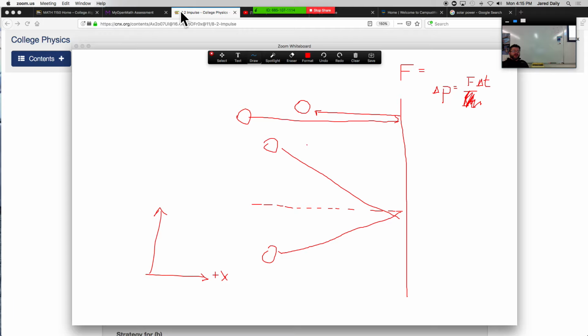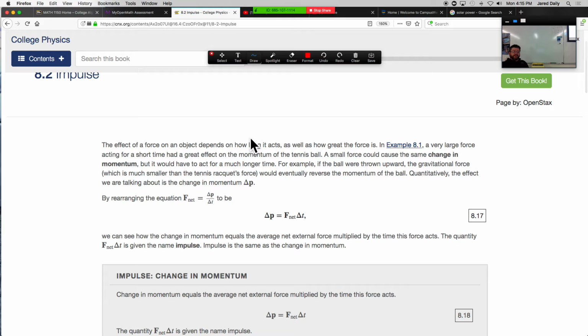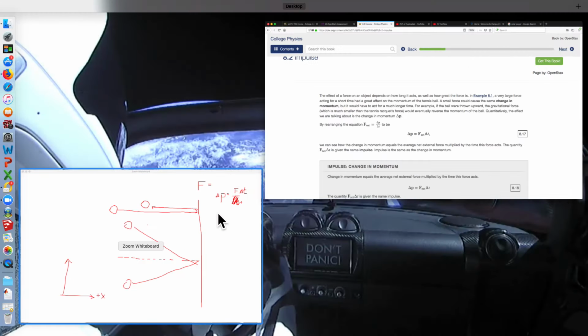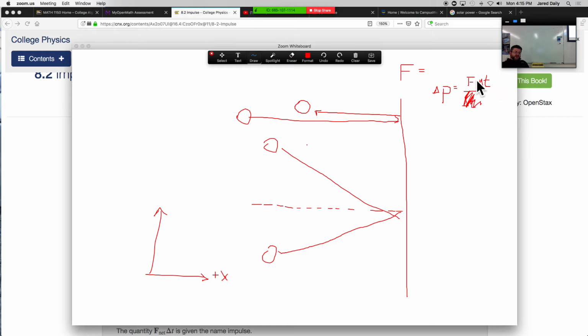Make sure I got that right. Yeah, change in momentum equals force times time. Right there. That's the correct one. And we're trying to calculate the force, so we'll solve this for the force. Force equals change in momentum over change in time.